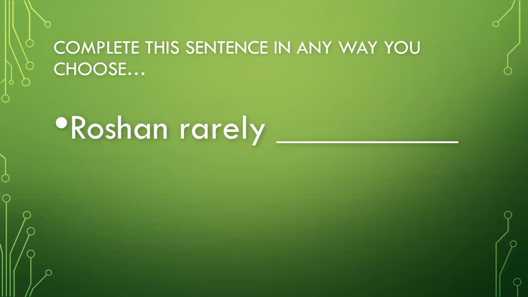Roshan rarely visits the mall. Roshan rarely eats his vegetables. Anything you want. Just remember that your sentence must always begin with a capital letter and end with either a full stop or a question mark or an exclamation mark. And then you're good to go.